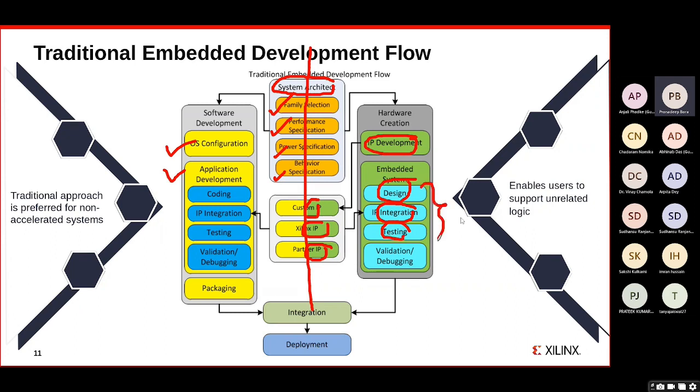Those things we know in some ways, right? And then they will also validate it. We also know how to validate. Then they will export all the hardware files as an XSA file. XSA means Xilinx shell archive file.